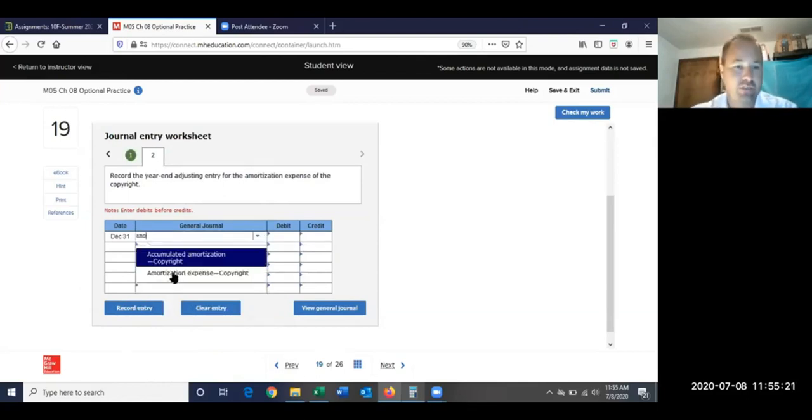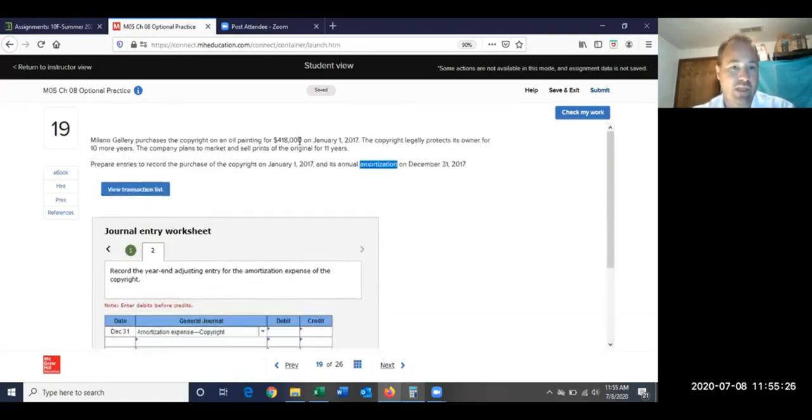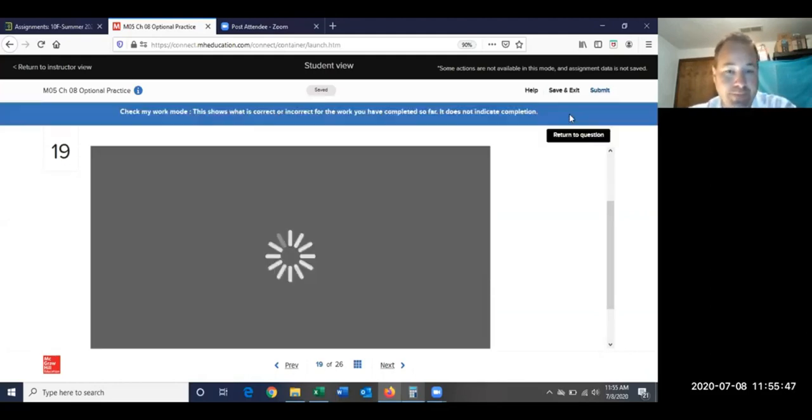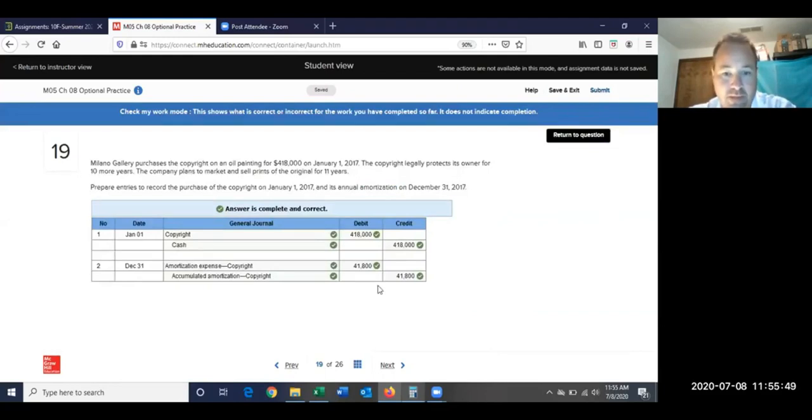Instead of depreciation expense, you call it an amortization expense. And we do it evenly over 10 years, so just move the decimal. So that would be 41,800. And credit your accumulated amortization. Record the entry. Let's check the work. And that looks good.